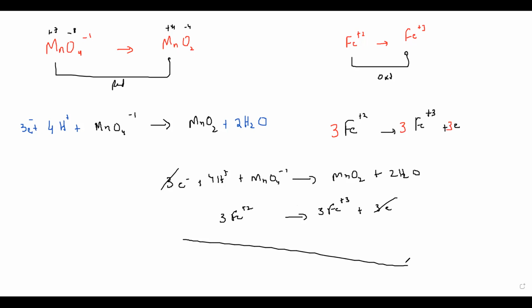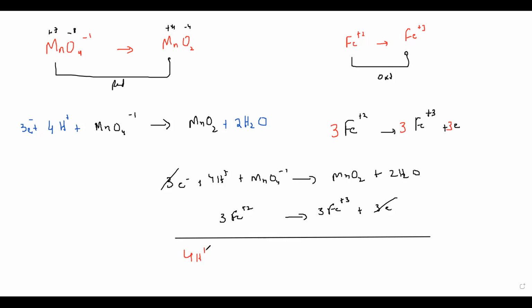So the final equation, what we are left with: 4 protons, MnO4 with a charge -1, 3 iron 2+ ion changes to MnO2 plus 2H2O plus 3Fe3+. Is it clear, this example?